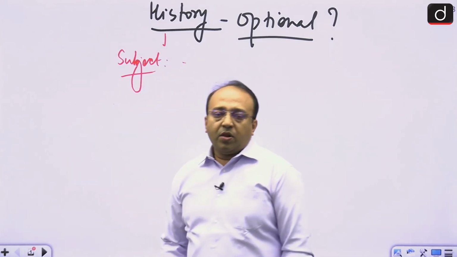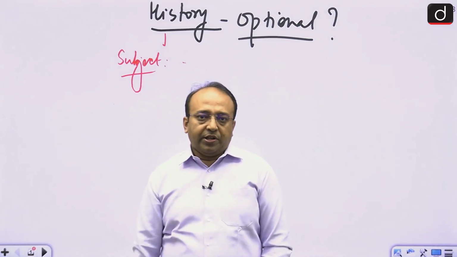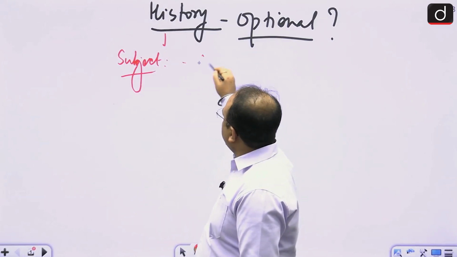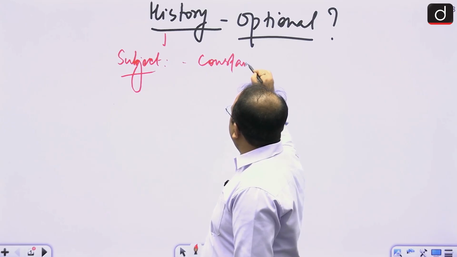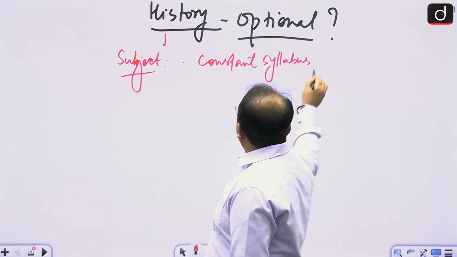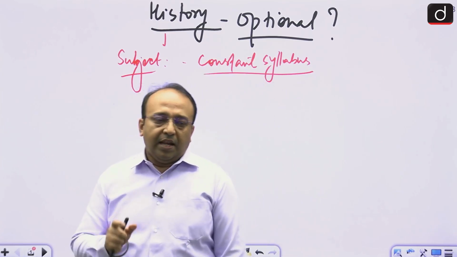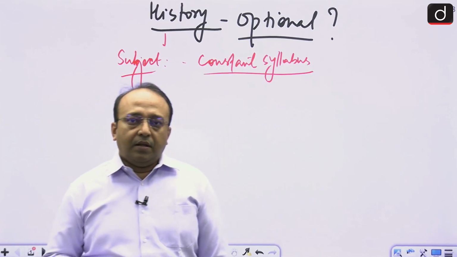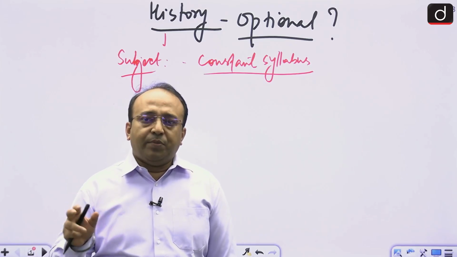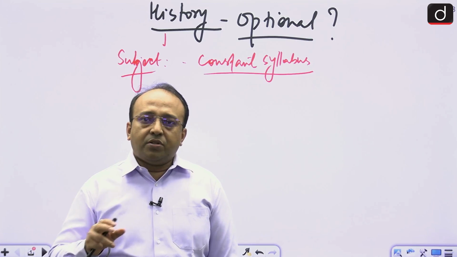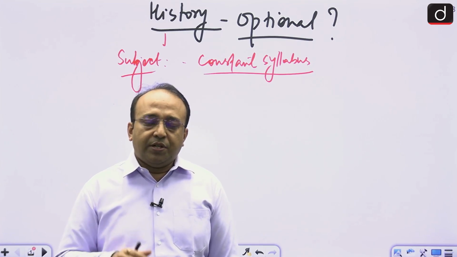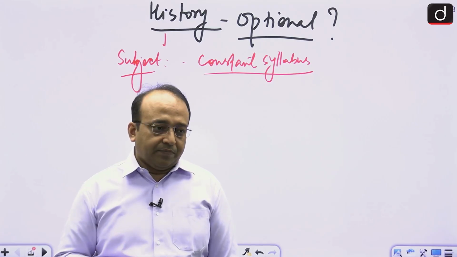The most important advantage of this subject is that the content is almost constant. Therefore, there is a constant syllabus. In other words, the element of dynamism in the syllabus of history is almost negligible, or not so important.